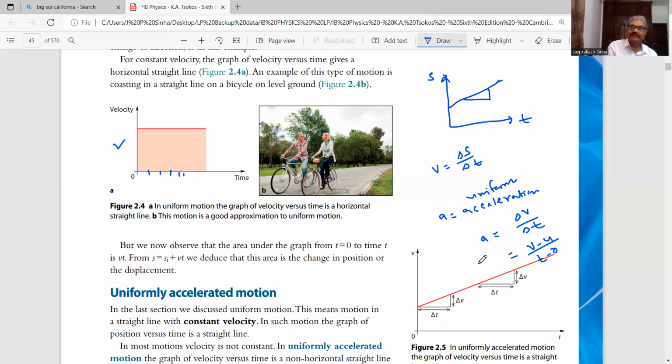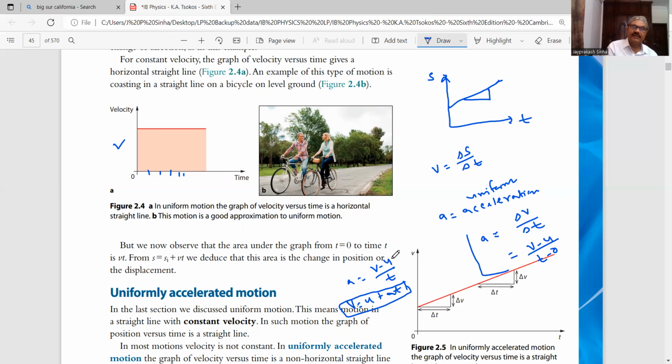We can write a is equal to v minus u upon t. This means v is equal to u plus at. This is your first equation of motion.